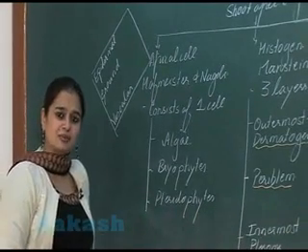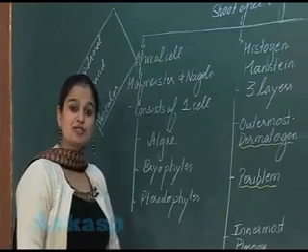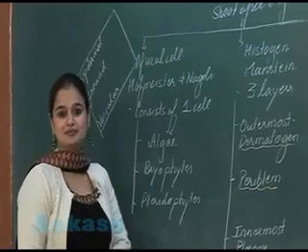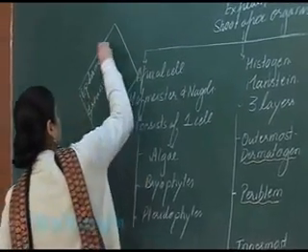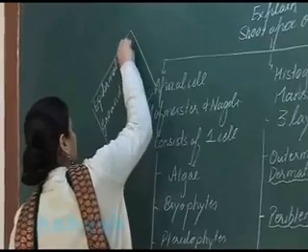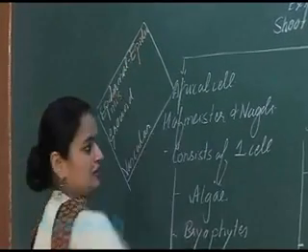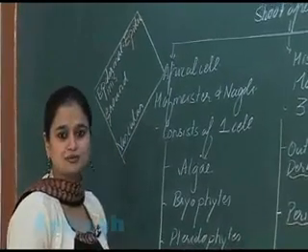Epidermal tissue system, it constitutes the outermost layer of any organ. What is that? Epidermis. Right? Now coming to the ground tissue.